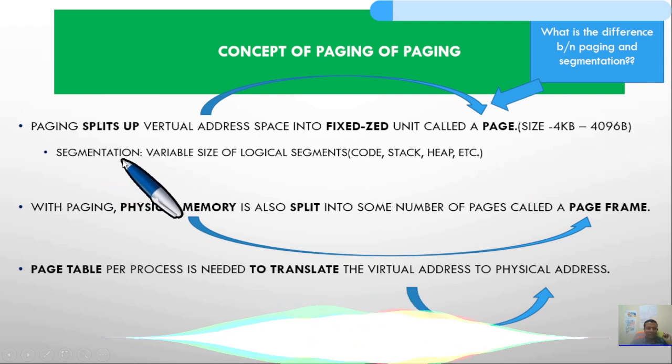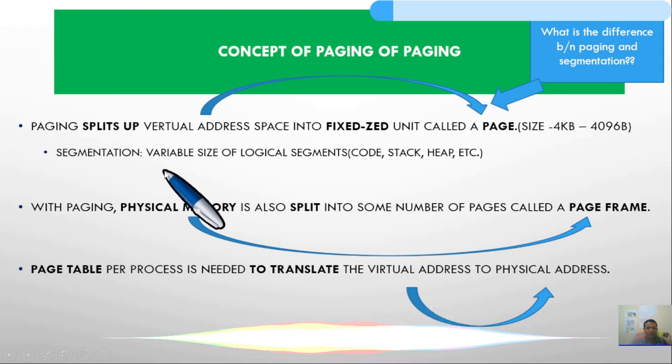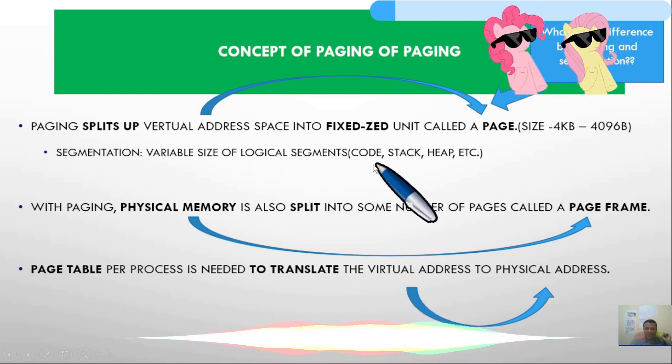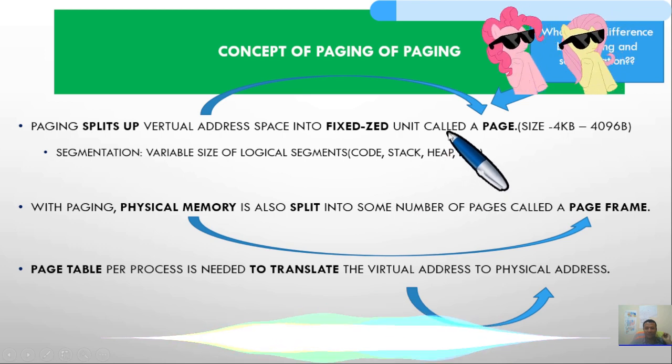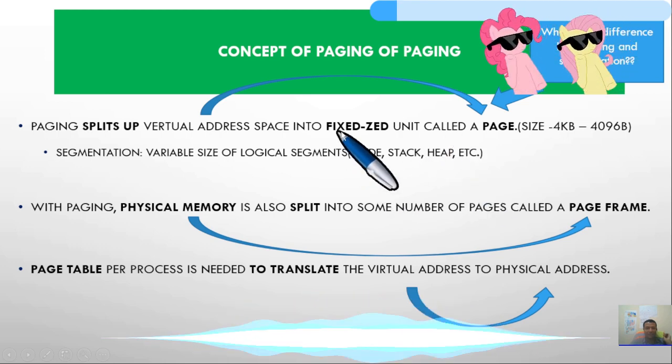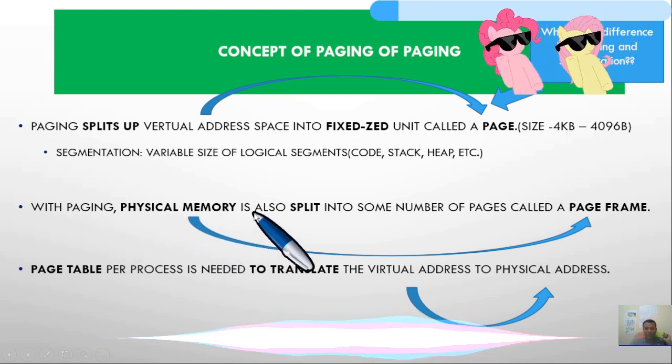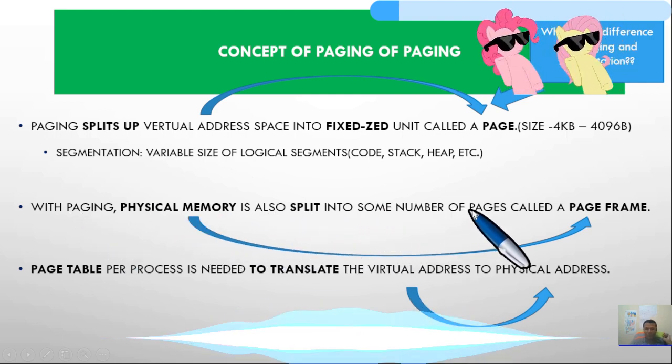In segmentation, another technique we saw in chapter 17, we have variable size logical segments: a segment for the code, a segment for the stack and heap, etc. It's not fixed. With paging, physical memory is also split into some number of pages called page frames.